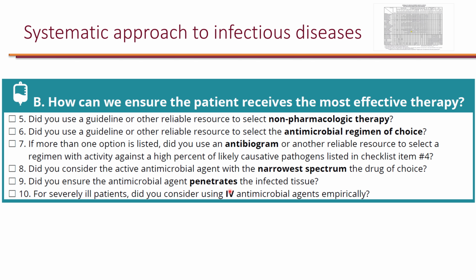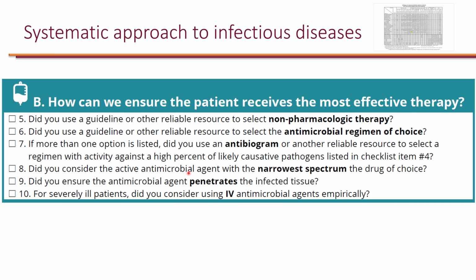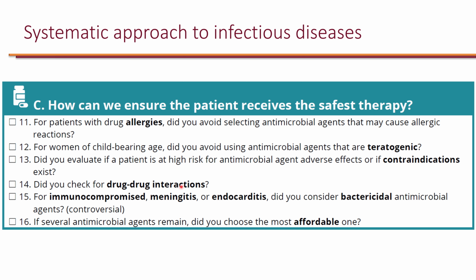So IV in general is initially appropriate, and of course within reason. So again, if you're treating C. diff colitis, you want to make sure that an oral route might be a better choice because the infection is inside the intestine. So you have to use these things cautiously. But in general, for most infections, IV is initially appropriate for severely ill patients.